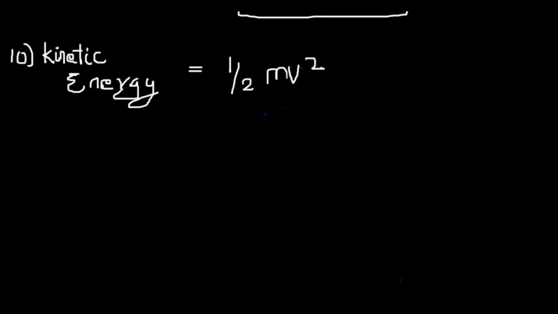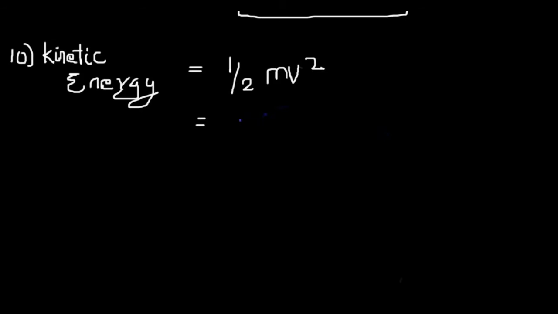Now let's see the next derived physical quantity, that is kinetic energy. The formula of kinetic energy is half m v square. In this case, you should note that the half is a constant. Constants are always dimensionless, so these numbers are constants. With the remaining values, let's go into substitution.